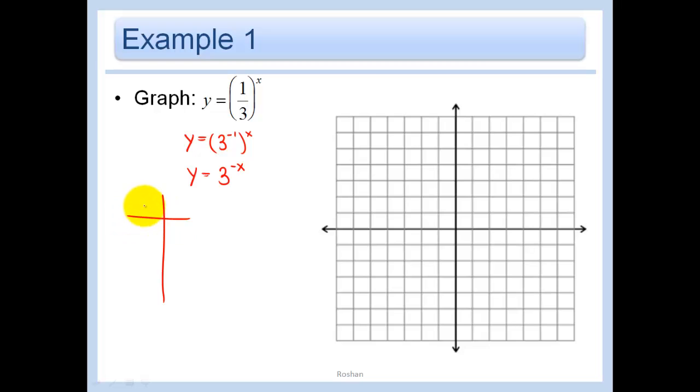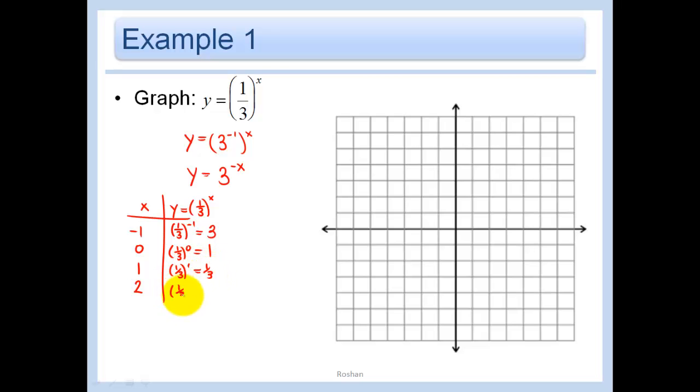Let's just plot some points, just like I was doing last time. -1, 0, 1, and 2 sound good to me. So we have 1/3 to the x power. When we do 1/3 to the negative 1 power, we just flip that over and we get 3. 1/3 to the 0 power is 1. 1/3 to the first power is 1/3.